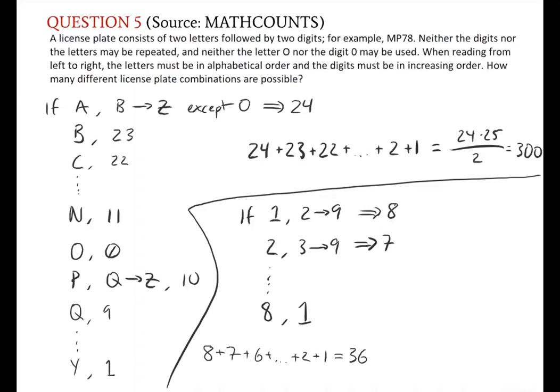So now all you have to do is multiply the number of combinations for the letters by the number of combinations for the numbers. So 300 times 36, that is equal to 10,800. That's a big number.